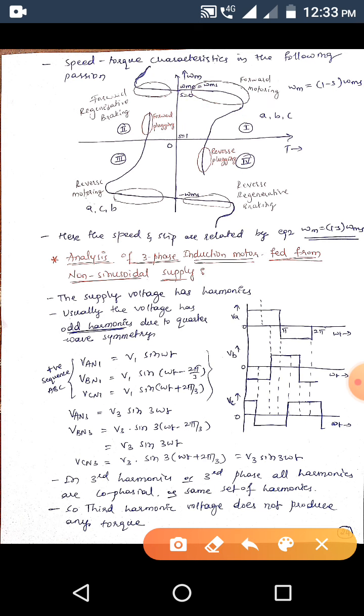When we change that with a 120-degree phase shift, this is nothing but the forward regenerative braking here. It is operating in the second quadrant.